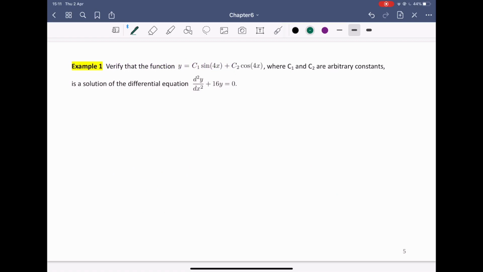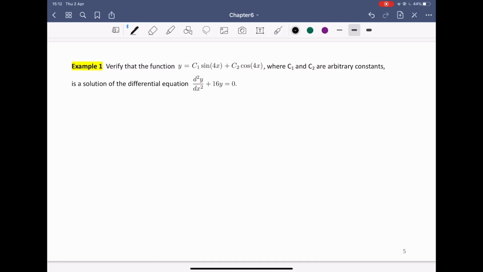Well, let's take a look at an example. Verify that the function y equal to c1 sine 4x plus c2 cosine 4x, where c1 and c2 are arbitrary constants, is a solution of the differential equation d squared y by dx squared plus 16y equal to 0.